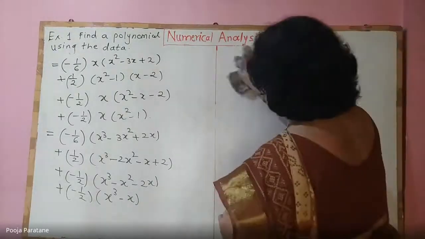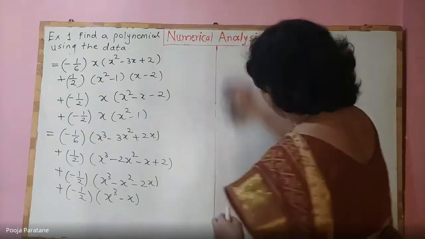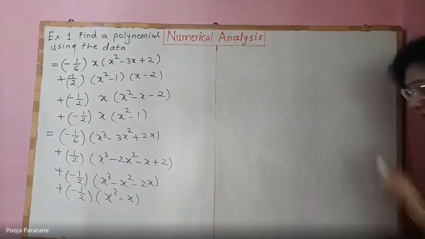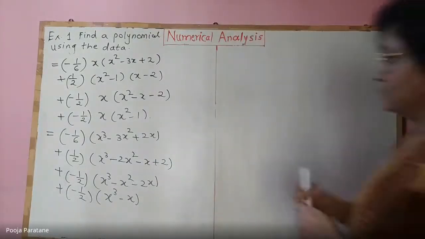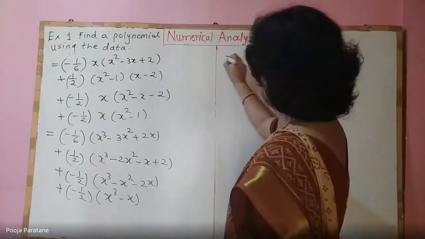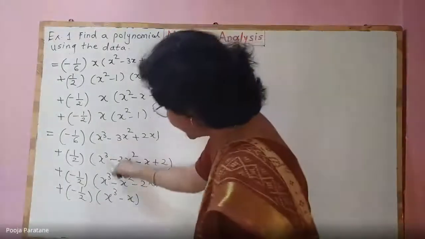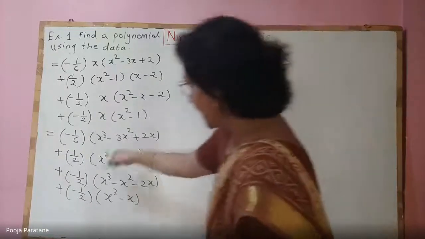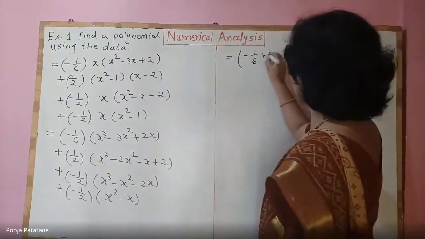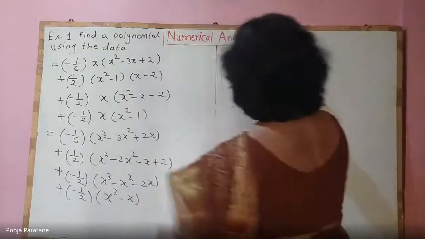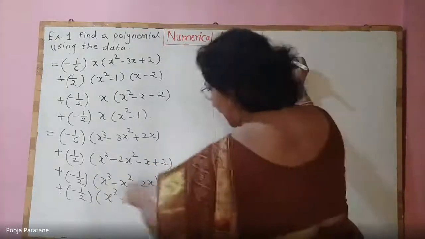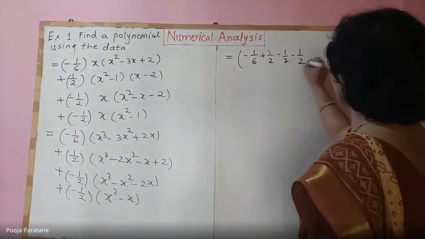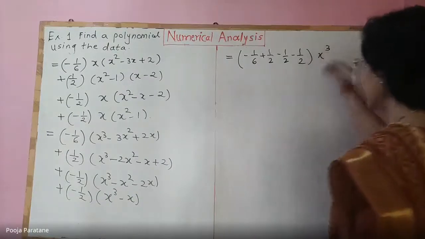Calculation is a very important part. So let me collect it now. I will collect now the coefficient of x cube. So what is it? First minus 1 upon 6. Here it is plus 1 upon 2. Then here it is minus 1 upon 2. And the last term again it is minus 1 upon 2 x cube. Again write it on the next line.